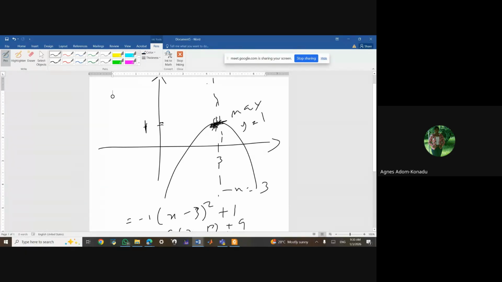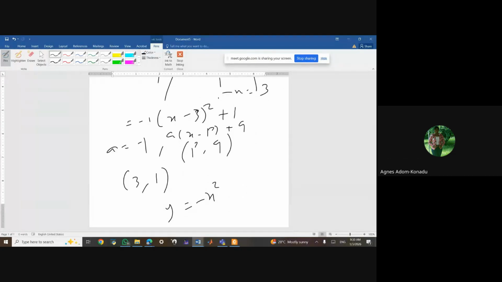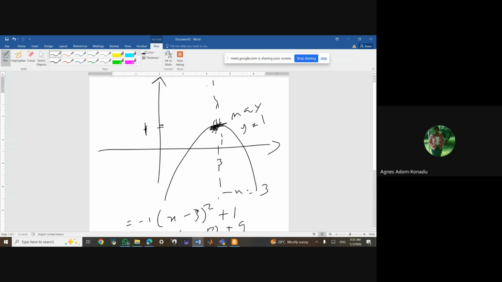Please, can you see it? Yes, please. So the graph of this is like this. This is the graph of y is equal to x squared. Now it has been shifted 3 units to the right and 1 unit up.